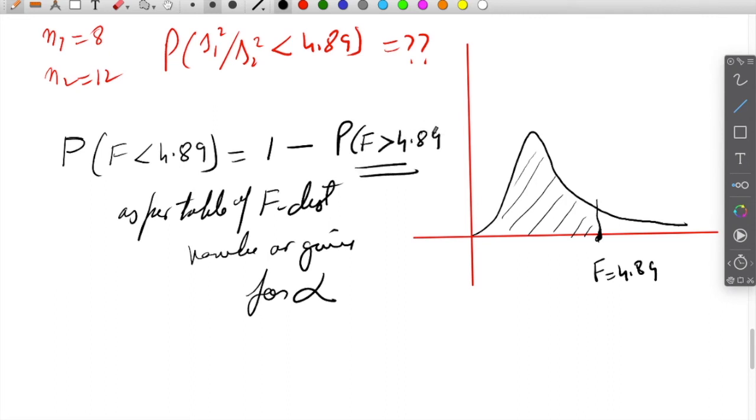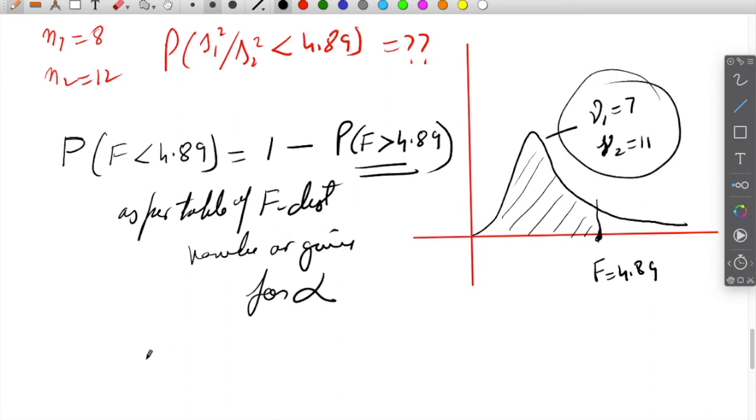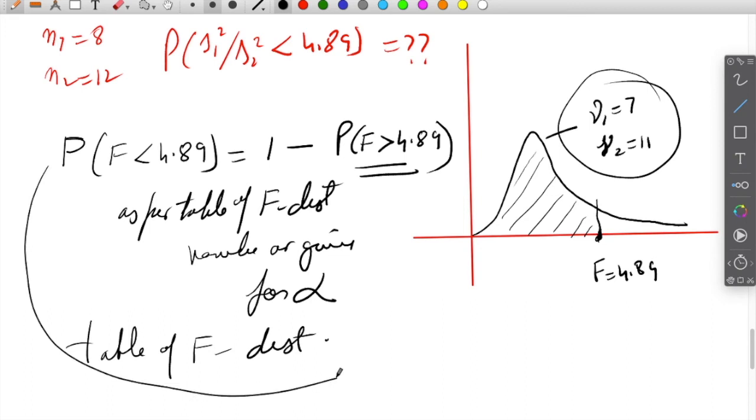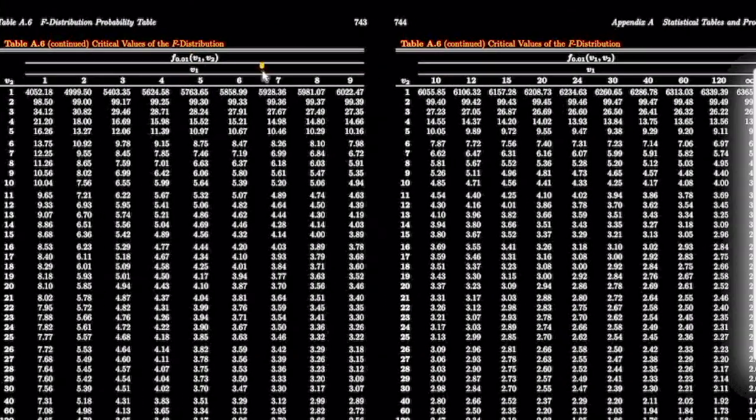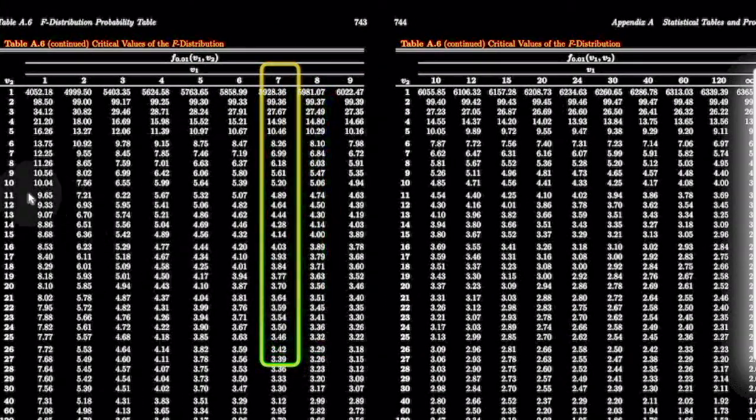So we can pick up this value from the table for nu1 as 7 and nu2 as 11. For this combination, we look at alpha 0.01, nu1 is 7, nu2 is 11.